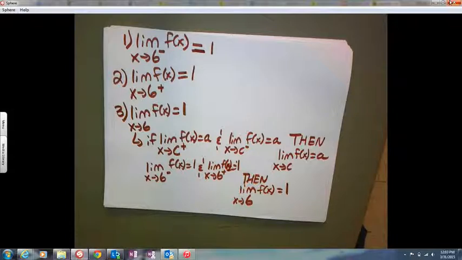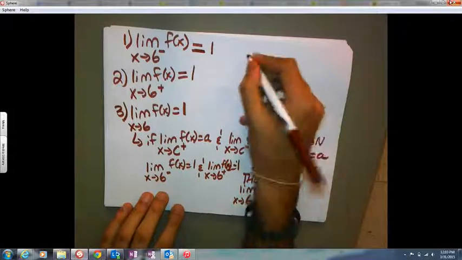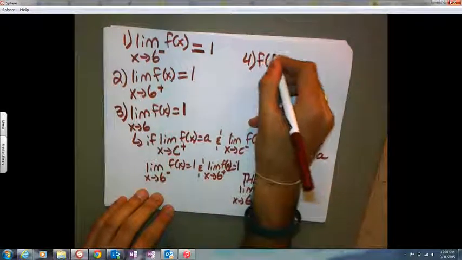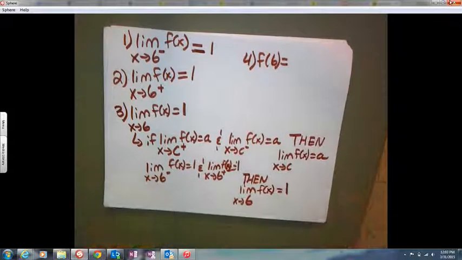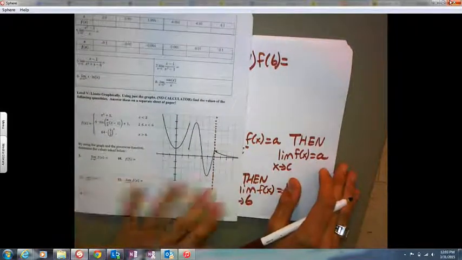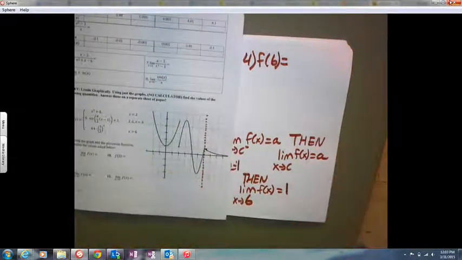Look, number 4. F of 6. F of 6 means, and again, this is the point I was trying to make earlier, what happens when x actually equals 6.